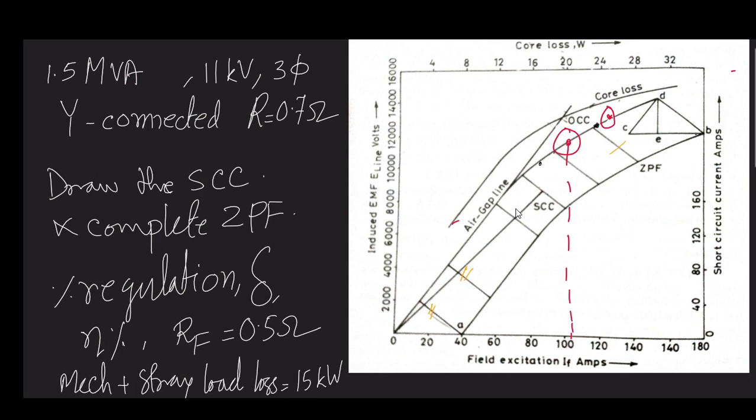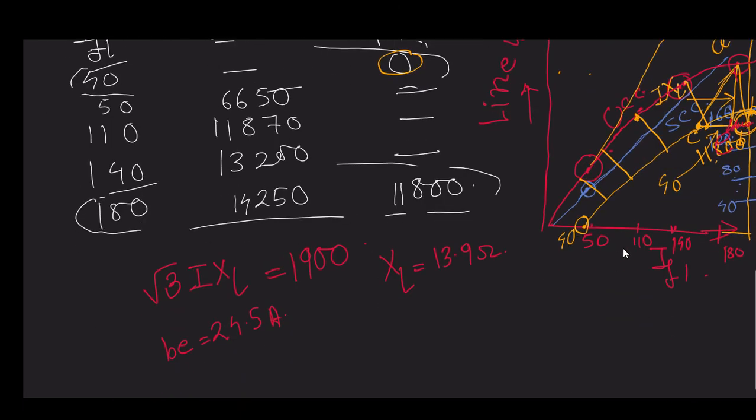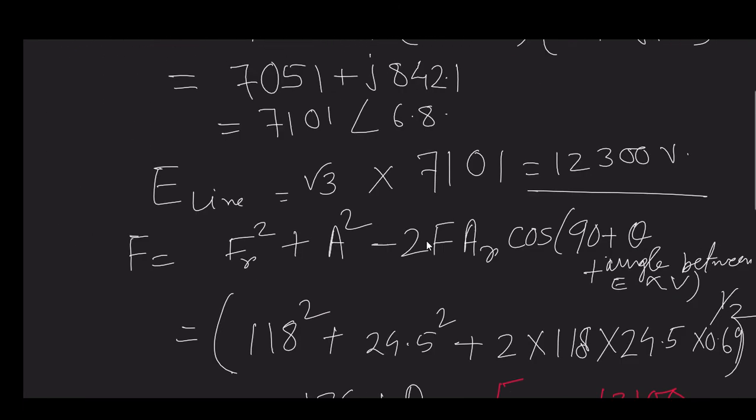See, core loss is caused due to your air gap flux, and air gap flux is proportional not to your open circuit voltage, rather your induced voltage E. So you have to consider the value of E. Say here, what is the value of E?